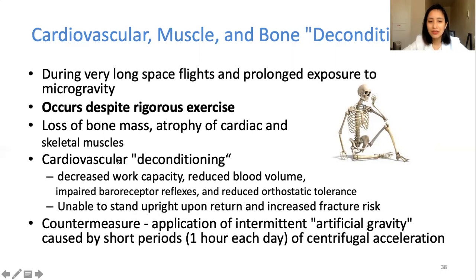And this cardiovascular deconditioning results in decreased work capacity, reduced blood volume. They may be unable to stand upright upon return, and there's also an increased fracture risk despite having rigorous exercise. And the countermeasure is application of intermittent artificial gravity while in space, and this is about 1 hour each day of centrifugal acceleration.